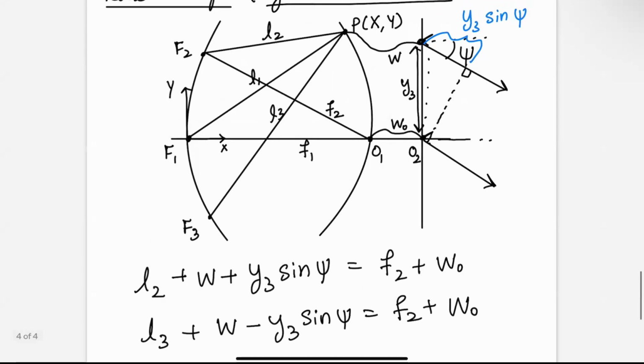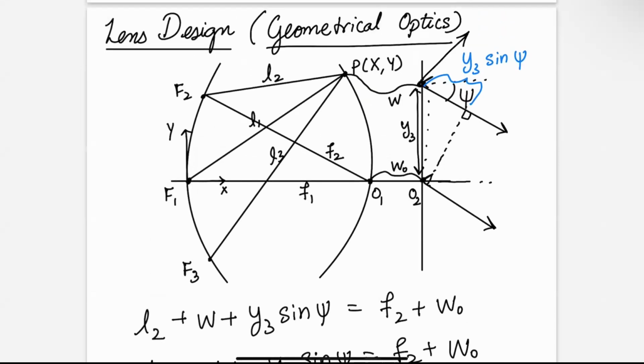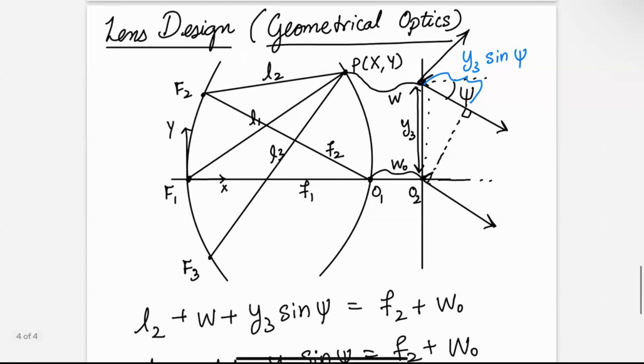Of course, it's minus because now you want this ray to go up that way, which means you want the phase gradient to be, so in this case, the phase gradient was like this, so now we want the phase gradient to be like this.